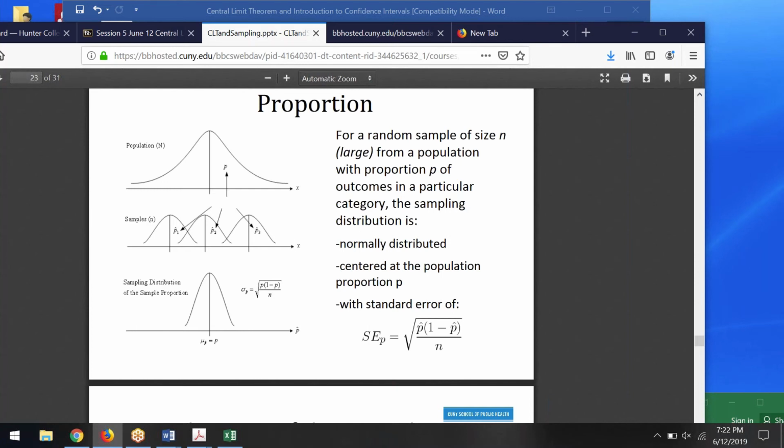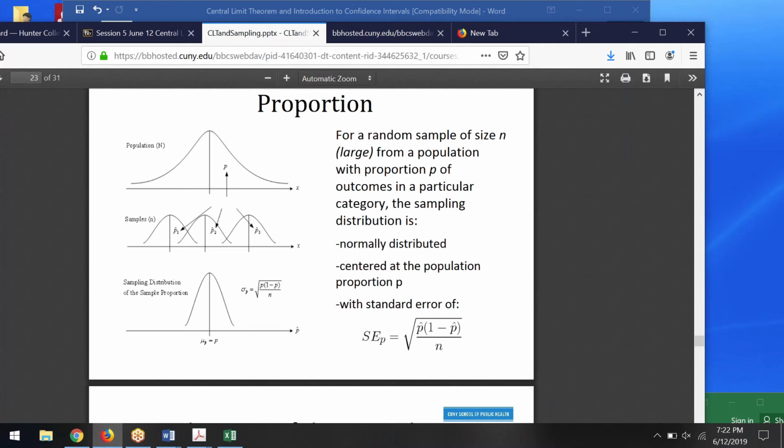Probability that they're right-handed is 70%. Okay, so now what about if I took repeated samples of size, say, 100 from that population where it's 30% left-handers? Let's say we didn't know that. We had no idea about that, right?